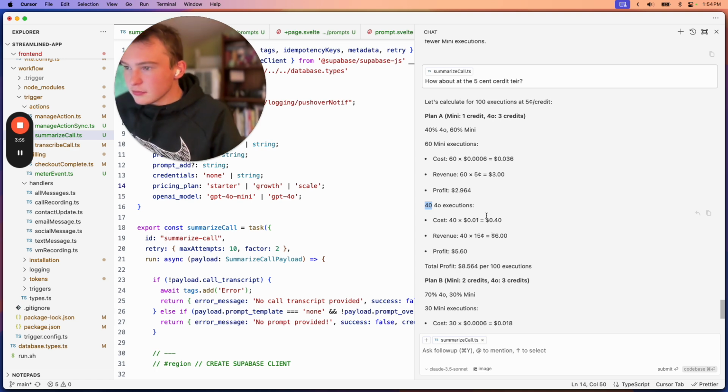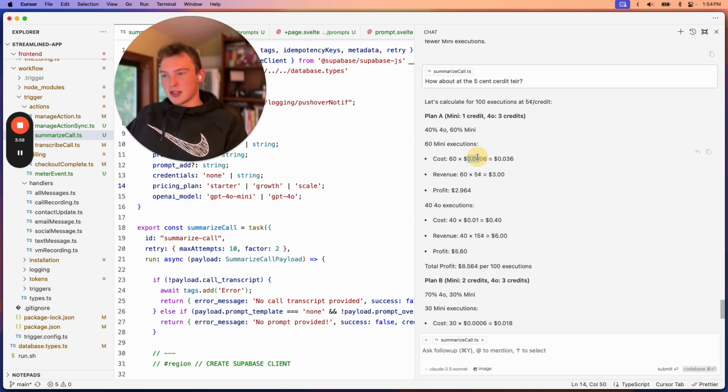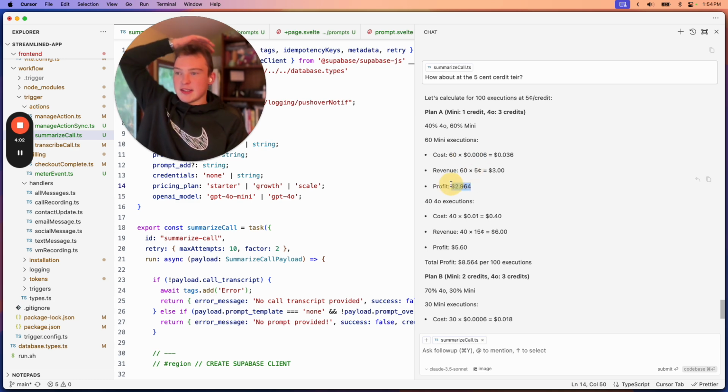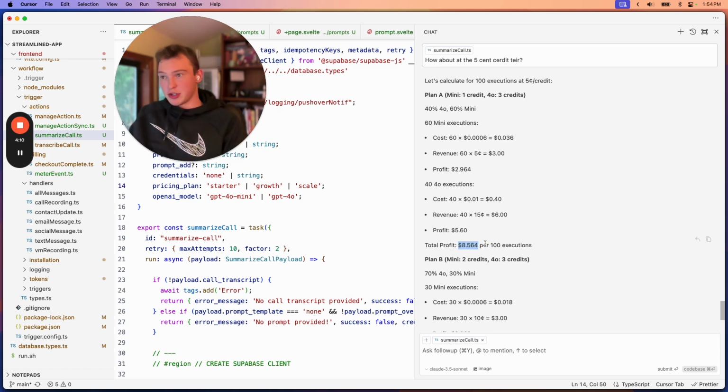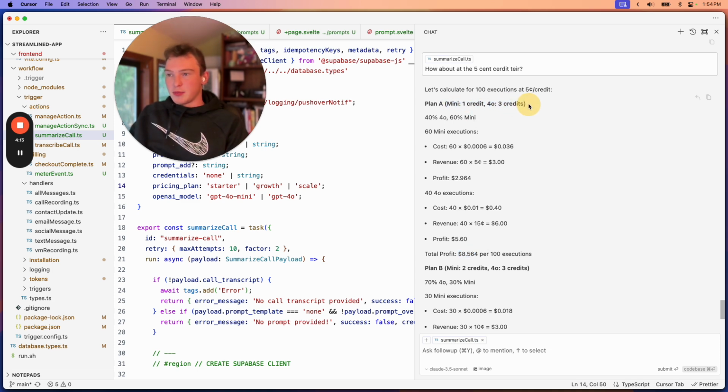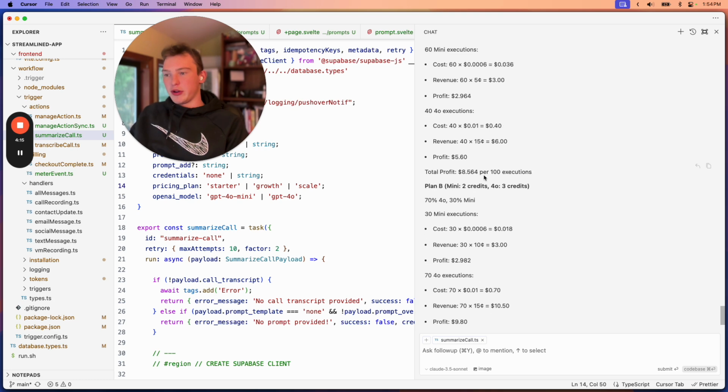So at that mark, here's the cost per input token or per output token. What we calculate is that our profit would be roughly $3 plus 5.60, so $8.56 per 100 executions if mini got more usage.